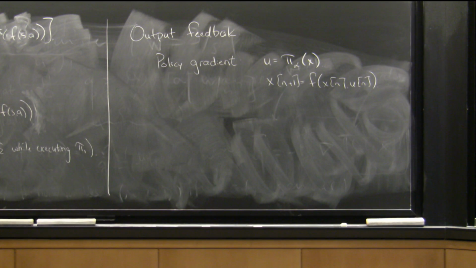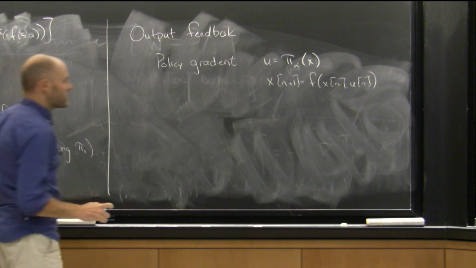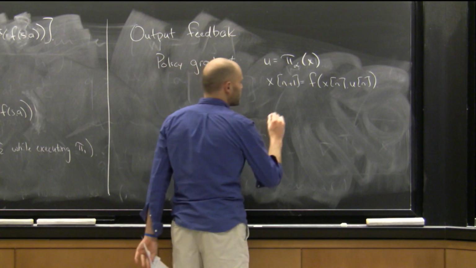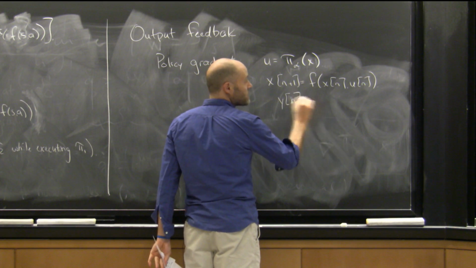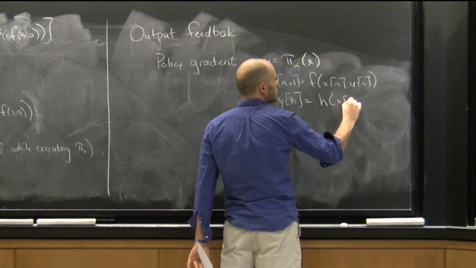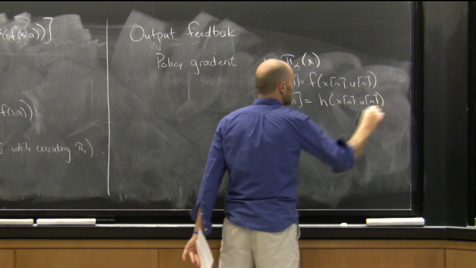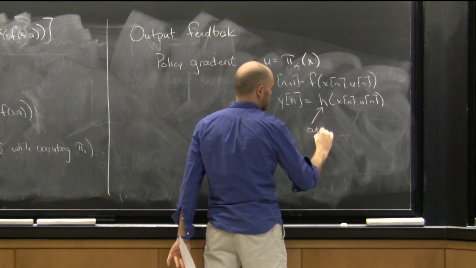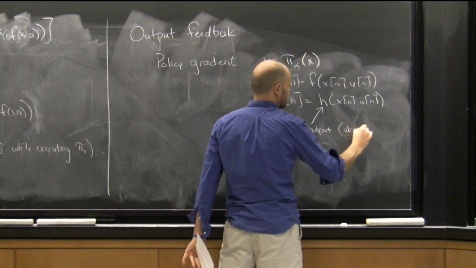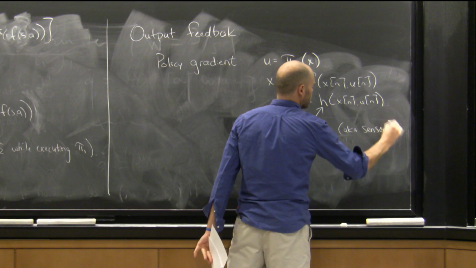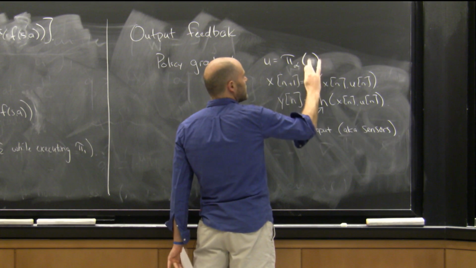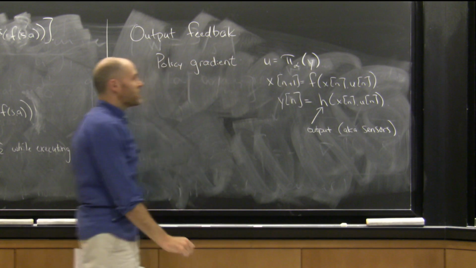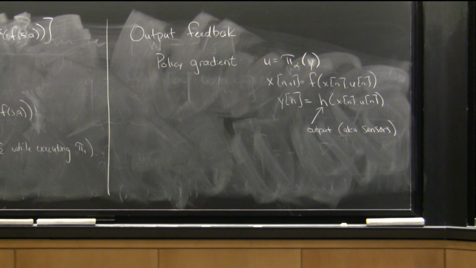But actually, everything I talked about last time could have worked if I had done something slightly different. If I defined some output, some sensor measurements, for instance, and I wrote my policy as a function of the outputs, not a function of the state, then all of the math we talked about last time still worked.